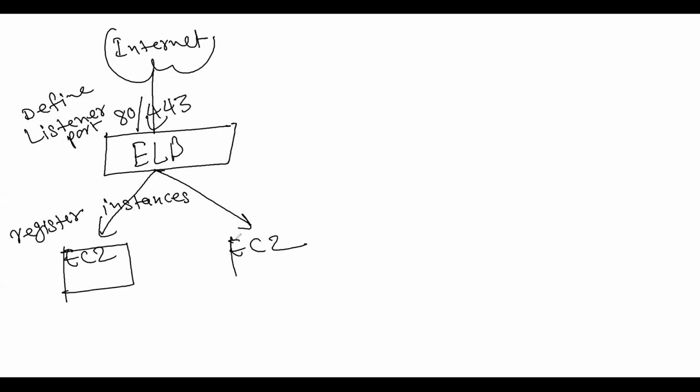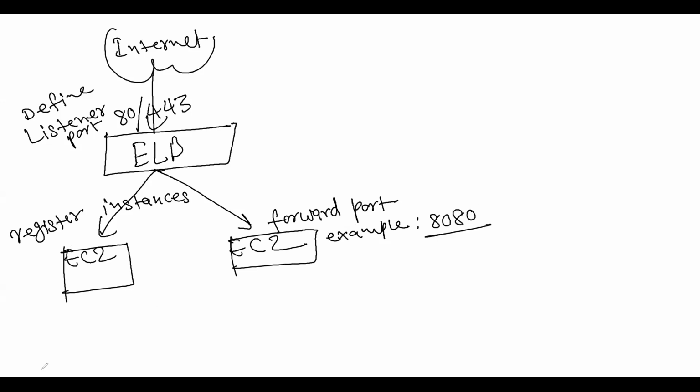So we need to define that as well. We can mention a forward port, whatever we want. An example can be say 8085. Now the application should be listening to this particular port.